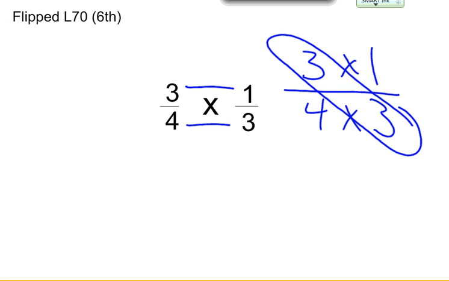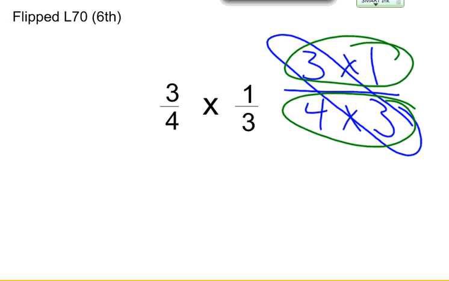That's the same thing that we can do here as we look at our fractions. We want to first look at relationships on the angles, right? It can't be straight across, because those numbers are on the same line, and since they're on the same line, you can't cancel them out that way.